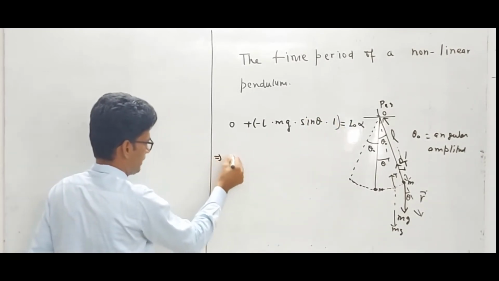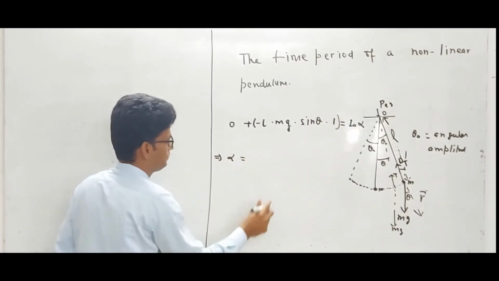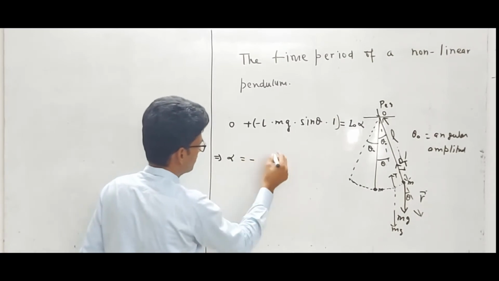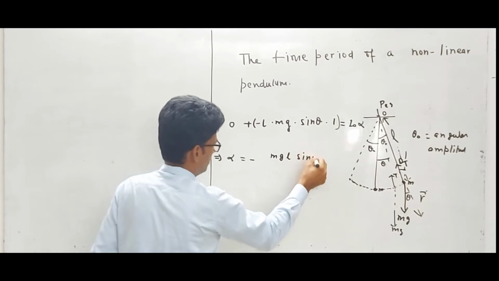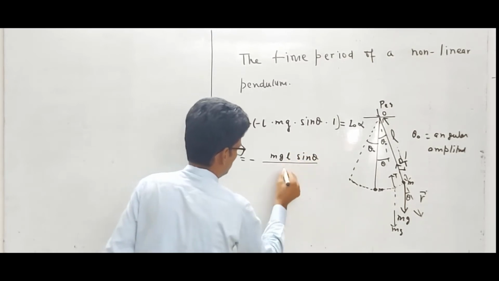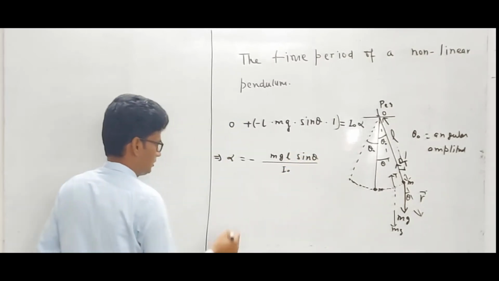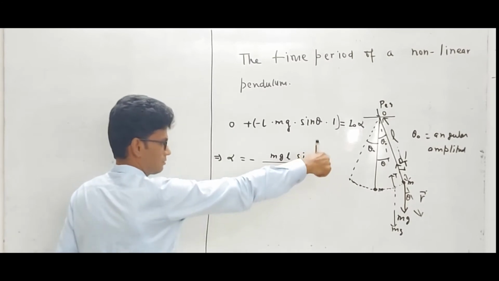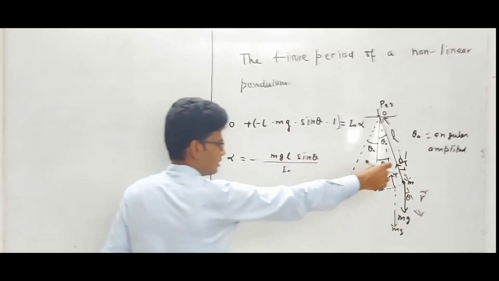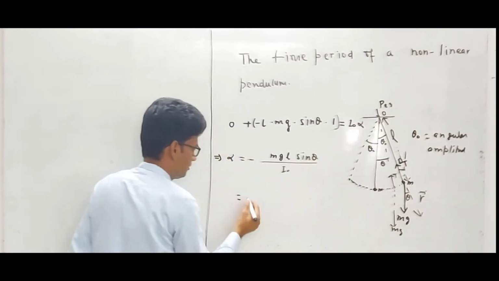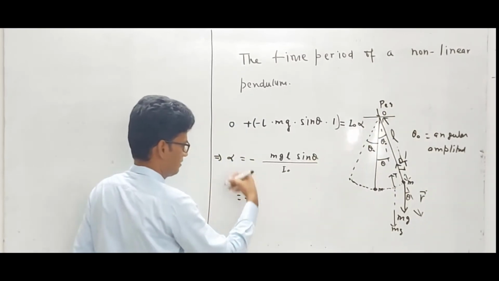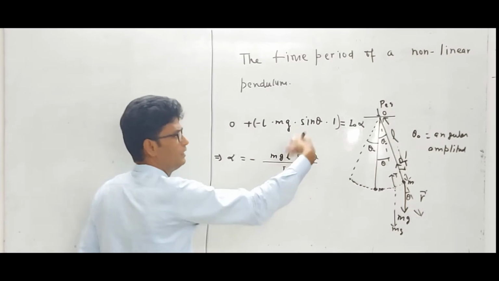So this implies alpha is equal to minus mgl sine theta over I naught. I naught is the moment of inertia of this bob of mass m about this peg, and the perpendicular distance is L, as we did in the last class in the linear case.